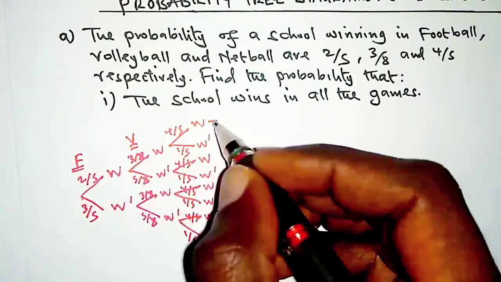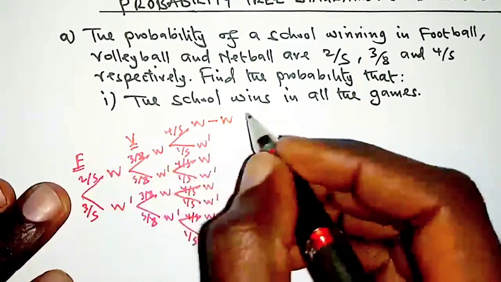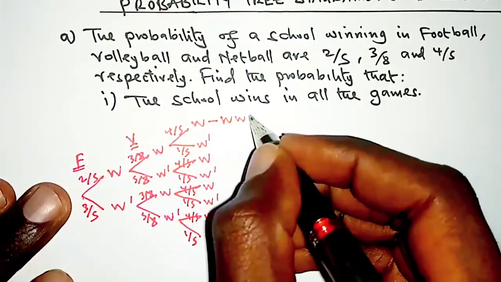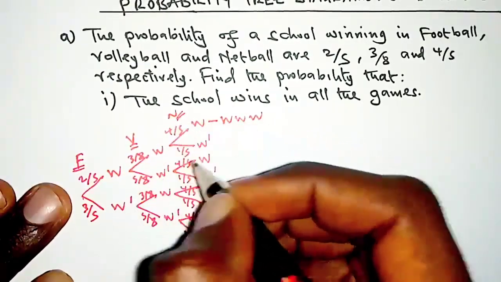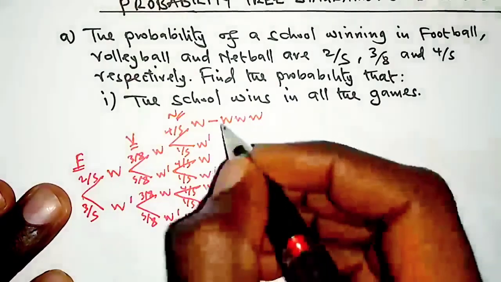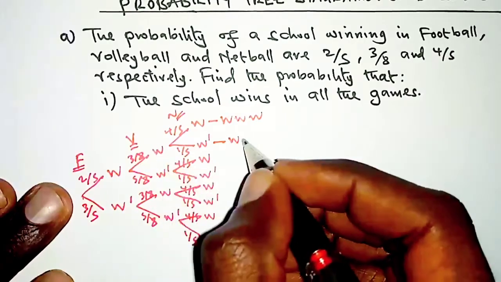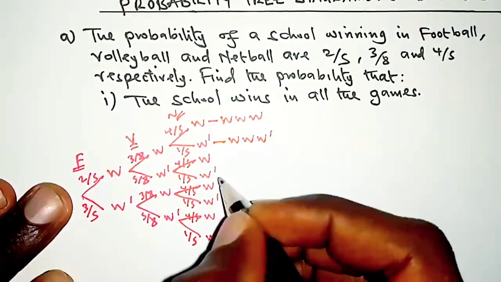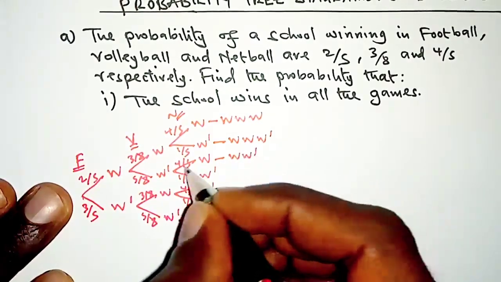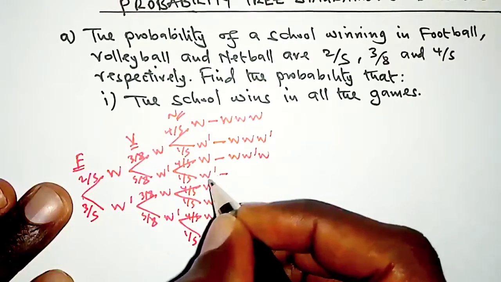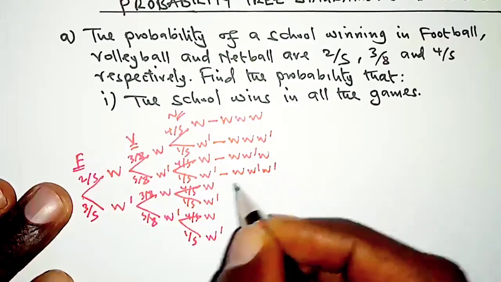And then from this, we'll be able to get a list of all possible outcomes. For this path, we'll have the school winning in football, winning in volleyball, winning in netball. Then for this path here, we have a win, a win, and a loss. Then we have a win, a loss, and a win. For this path here, we have a win, a loss, and a loss.